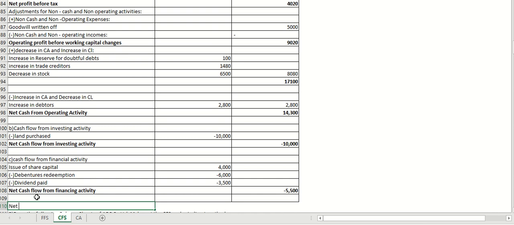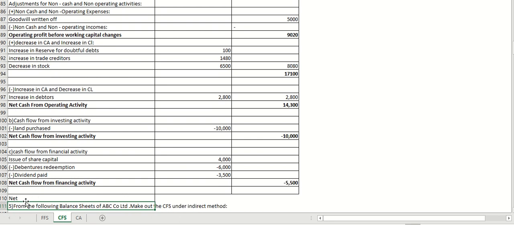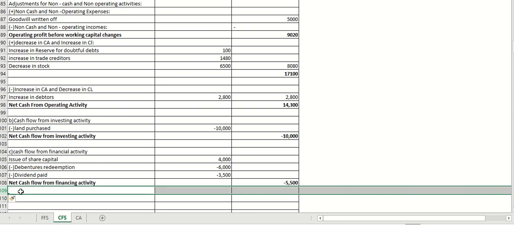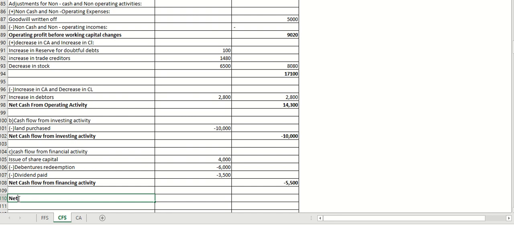So the net increase or decrease in cash is nothing but A plus B plus C, which is the total of cash flow from operating activities, cash flow from investing activities, and cash flow from financing activities.